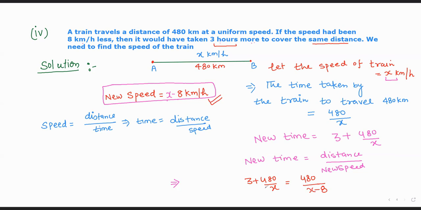So now let's solve this one. Now, dear student, let's try to solve. Let's take the LCM as x, so it is 3x plus 480 upon x equal to 480 upon x minus 8. So let me write it again.